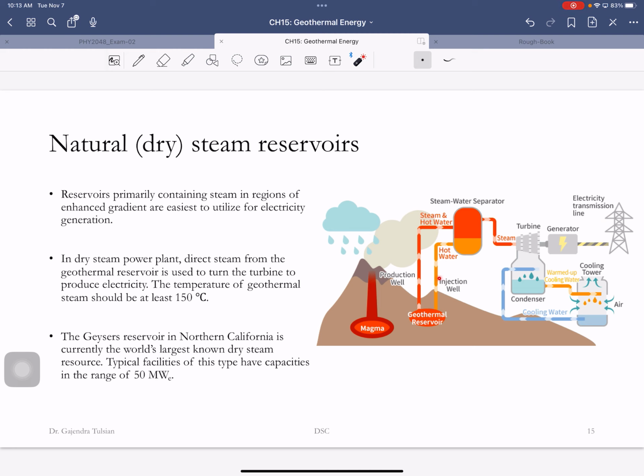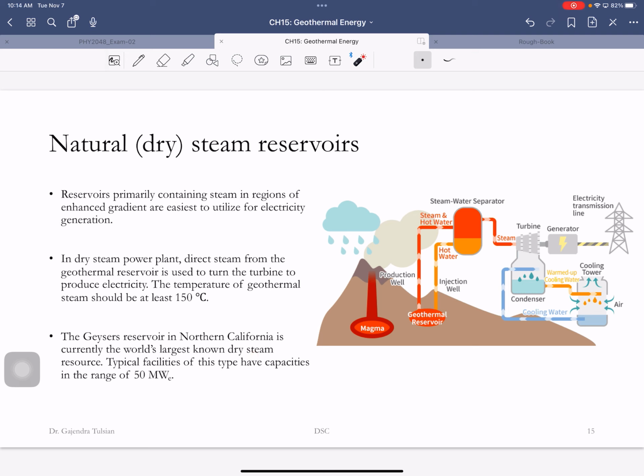And then you have to pump the water back. Why do you pump the water back? Because otherwise you'll run out of the source soon. So the Geysers Reservoir in Northern California is currently the world's largest known dry steam resource.